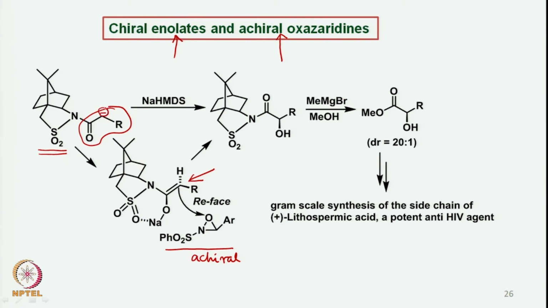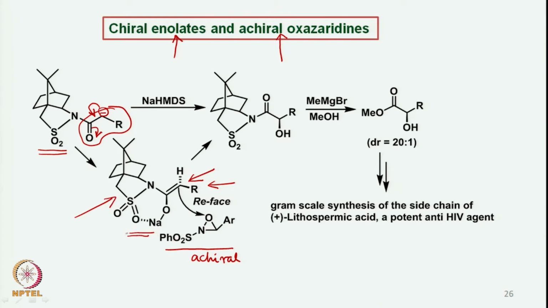This hydrogen can be deprotonated and you can make the corresponding enolate of this type, and which can be like this. Now there is a possibility of somewhat like this, and since the large part of the molecule is on this side, therefore the small group which is hydrogen goes backside.